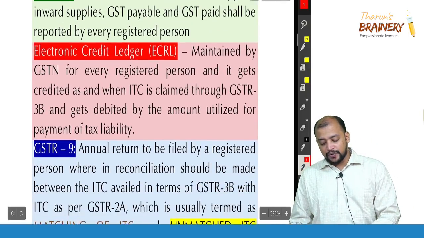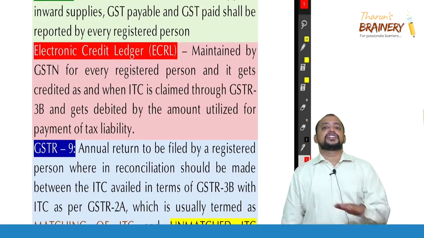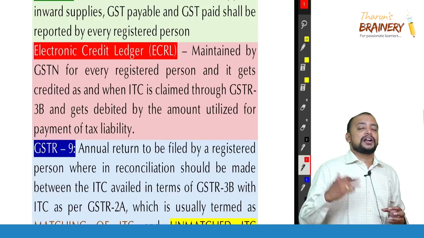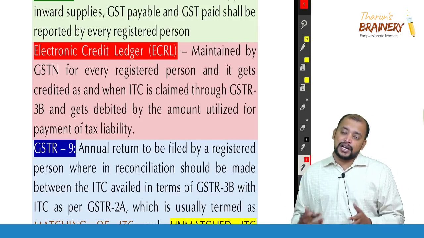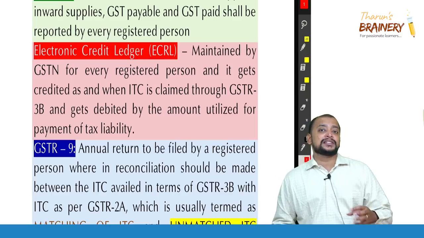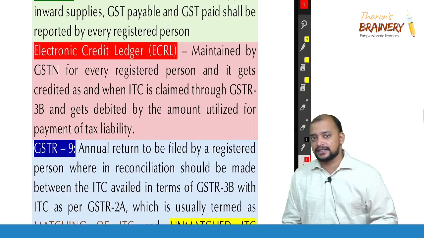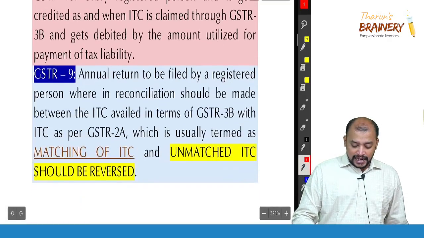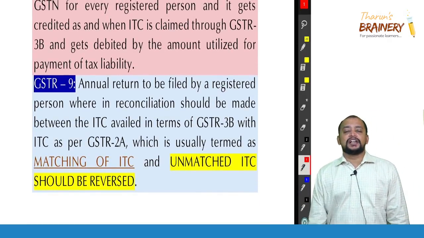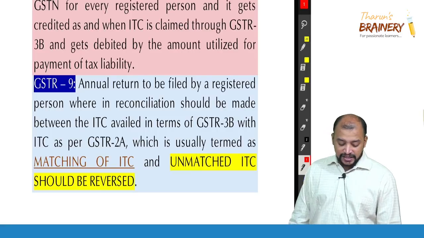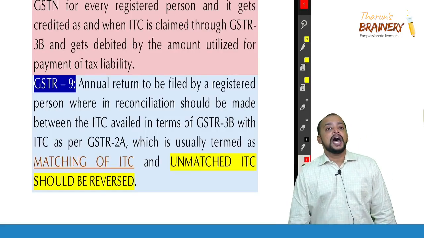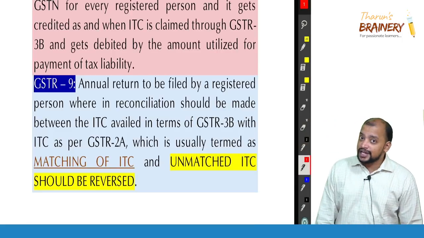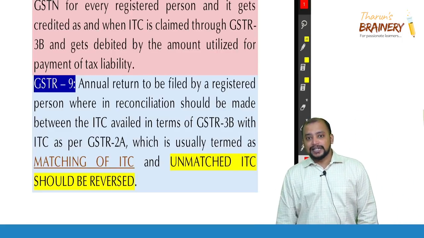Whatever credit we take in GSTR3B will come into the electronic credit ledger. The electronic credit ledger balance can be used for payment of taxes only, not any other liability. GSTR9 is an annual return to be filed by every person by 31st December of the succeeding financial year, and if there is any unmatched credit at the time of filing the annual return, it needs to be reversed along with interest.